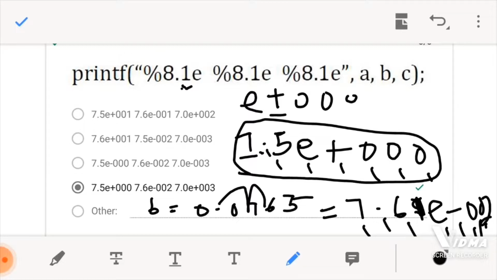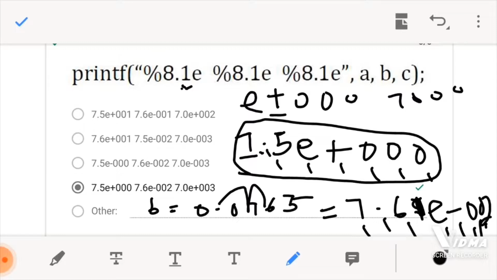Now let us go to C. C was also initialized to be 7,000, but we need an exponential. We are using an exponential notation, so we need something like 7 point something.